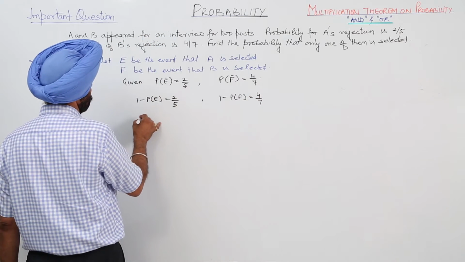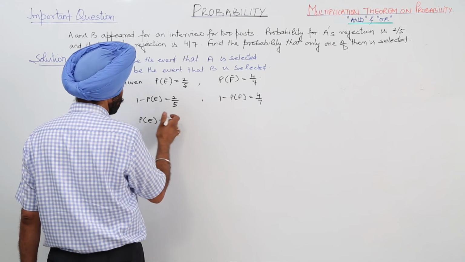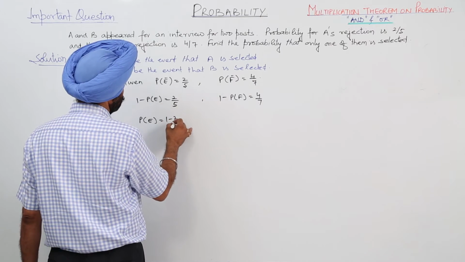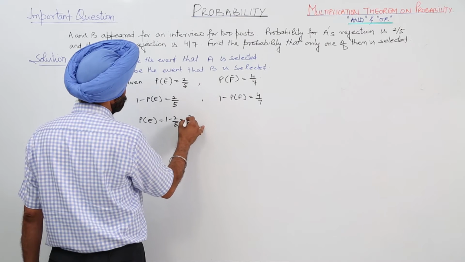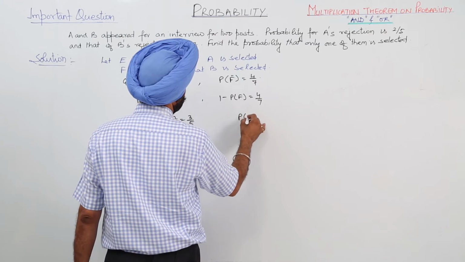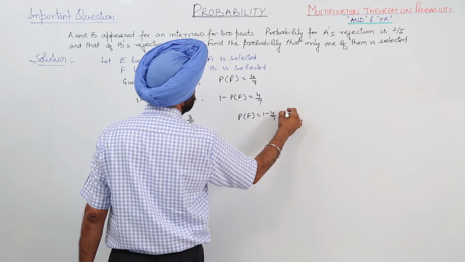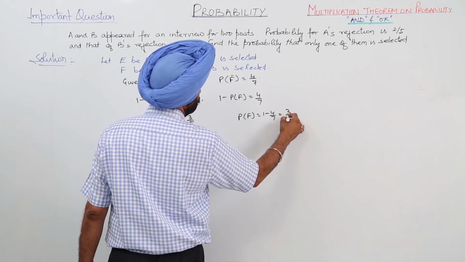Now, probability for E is 1 minus 2 by 5, this is equal to 3 by 5 and probability for F is equal to 1 minus 4 by 7, this is 3 by 7.